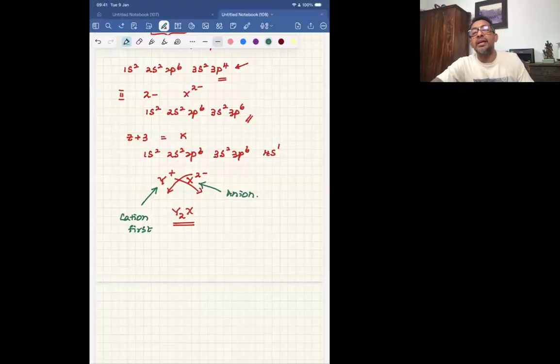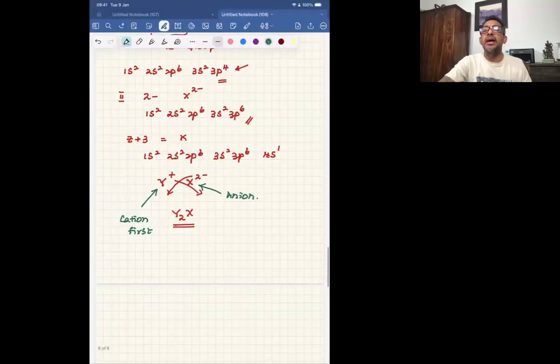Is it wrong if you write K2S? No, it's not wrong. They haven't said to write the proper chemical symbols. Y2X is the better answer. K2S is right, but Y2S is the better answer. They haven't said anything about that. So how did you determine Y? Z plus 3.